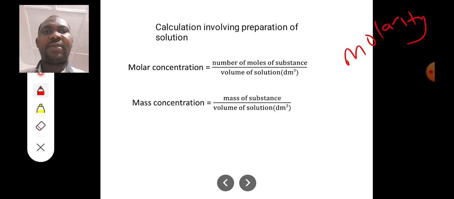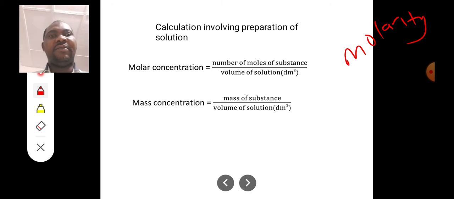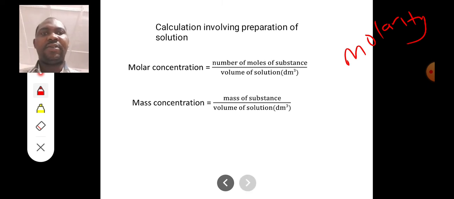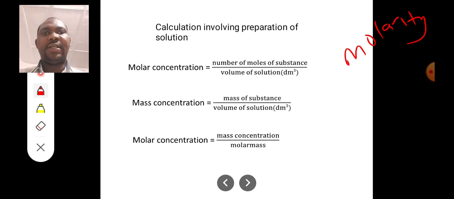The next is mass concentration. Mass concentration is the mass of substance divided by the volume of solution in dm³. But now there is a relationship between molar concentration and mass concentration, and we see that here when we combine the two. We say that molar concentration is equal to mass concentration divided by the molar mass.